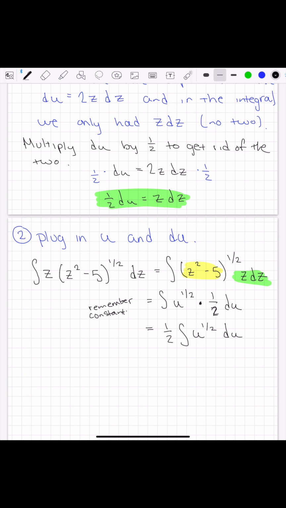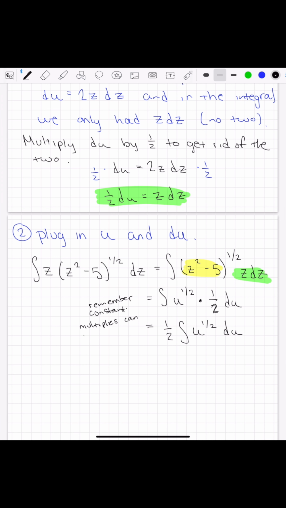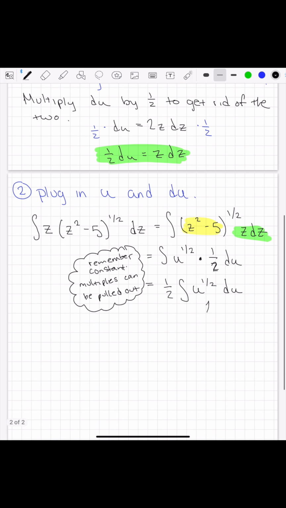Now we just do the power rule on this, which is super nice. We leave the 1/2 on the outside, then 1/2 plus 1 becomes u to the 3/2, and then we divide by the new exponent, plus c.